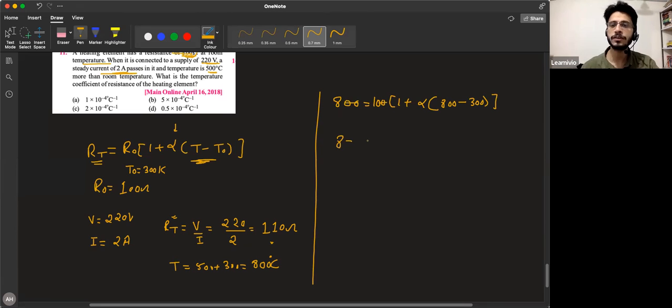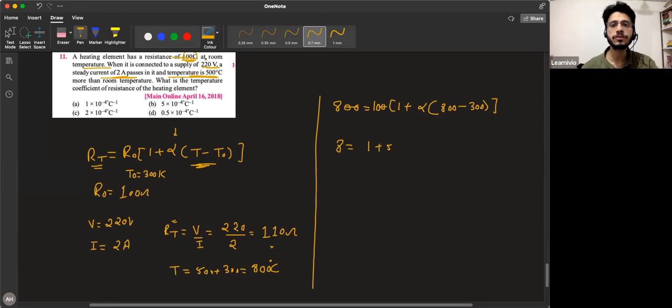Sir, how did we get 800? Is RT 110? Okay. It's saying that voltage is 220 volt, and the current passing through is 2 ampere at this temperature. Voltage doesn't change with temperature, but current can change with temperature.